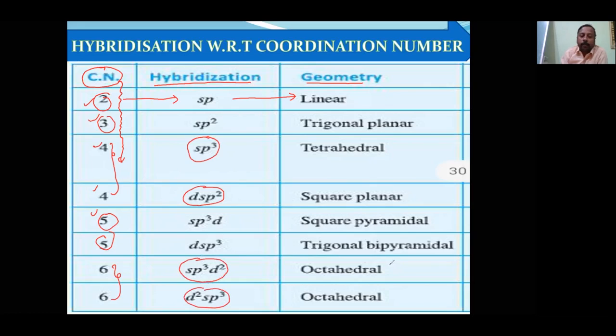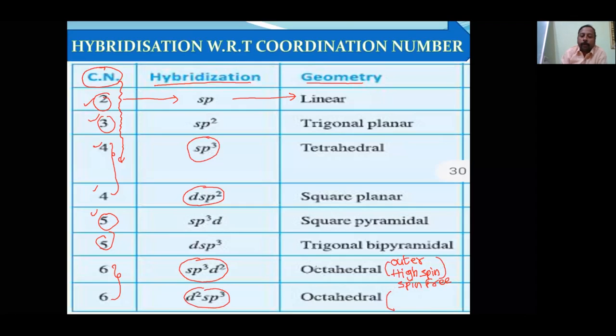Shape wise it is the same, but if it is sp3d2, then it is called an outer octahedral, and it is also called a high spin octahedral. Understood? Then spin free. These are the three names available: outer octahedron, high spin octahedron, or spin free octahedron.